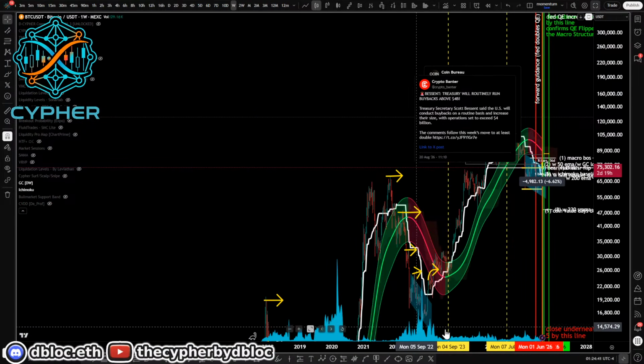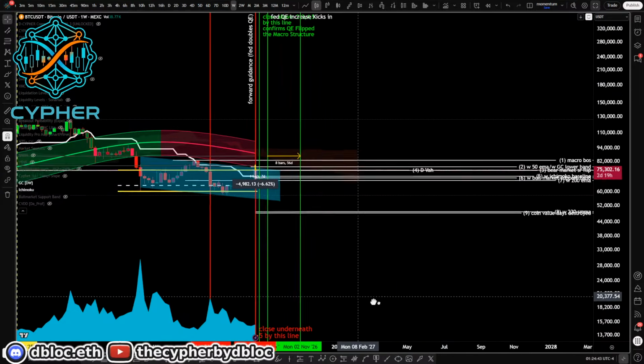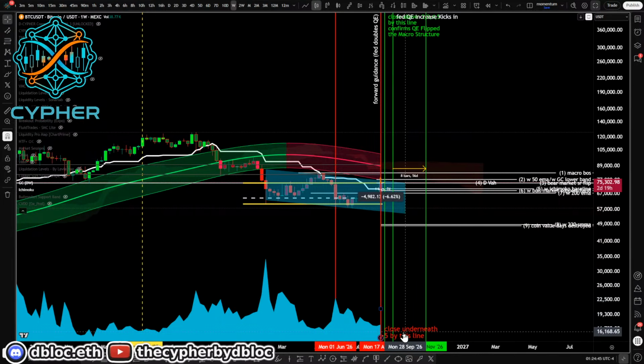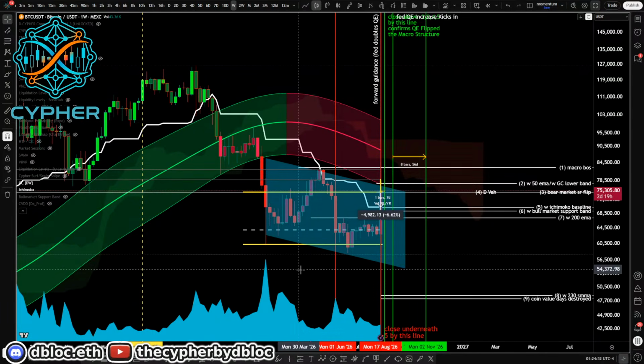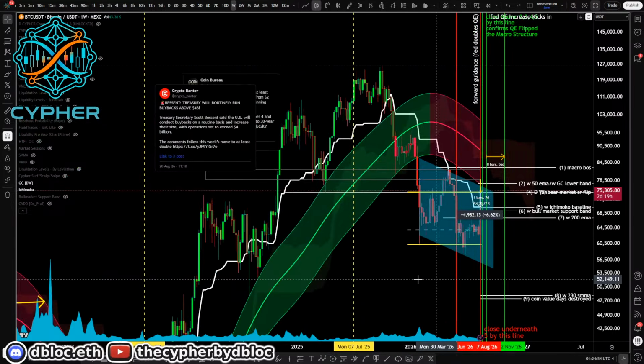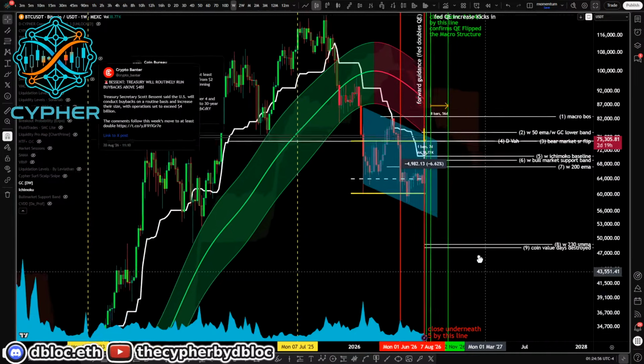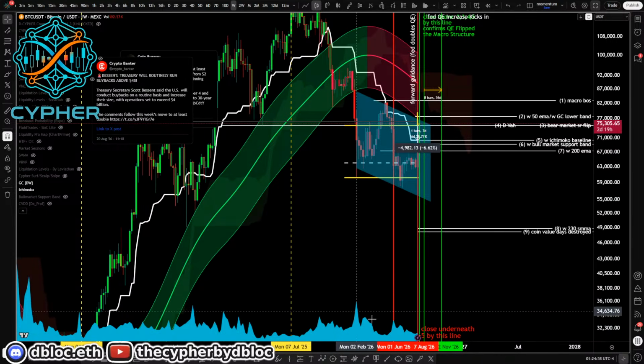Not only hasn't it ramped up, but we're still very much volume divergent here, no matter what this last candle did. So there's still plenty of reason to have a little bit of pause.